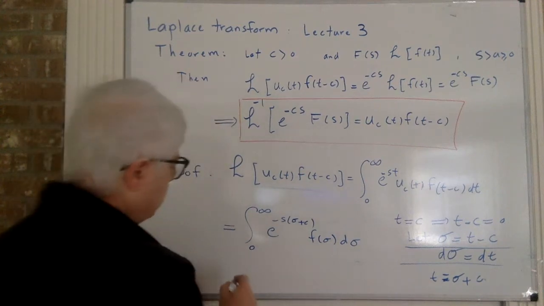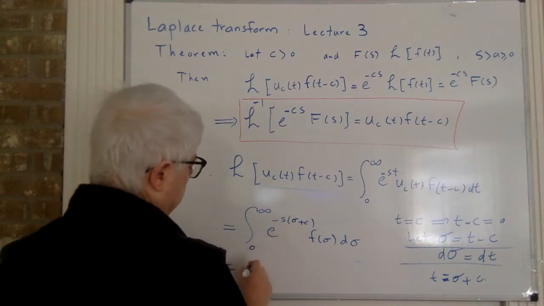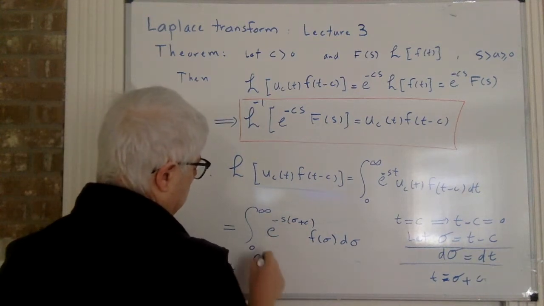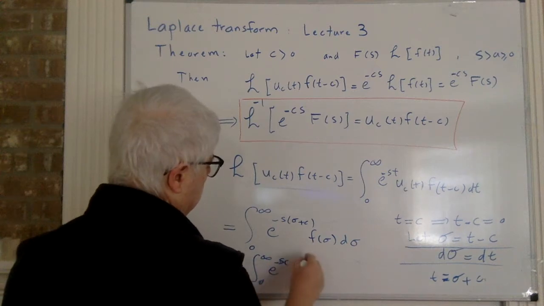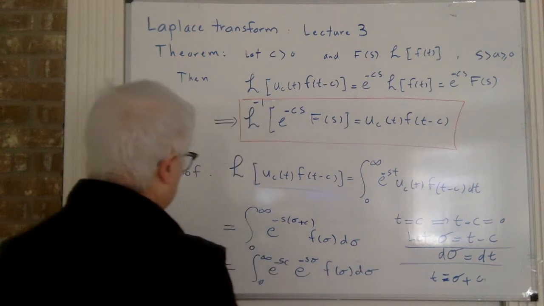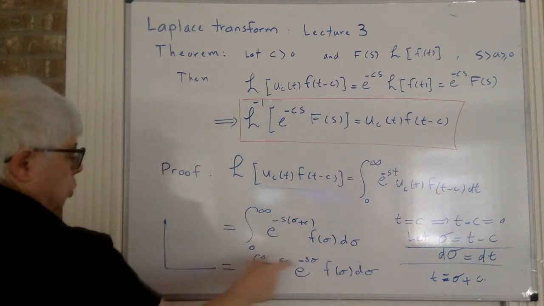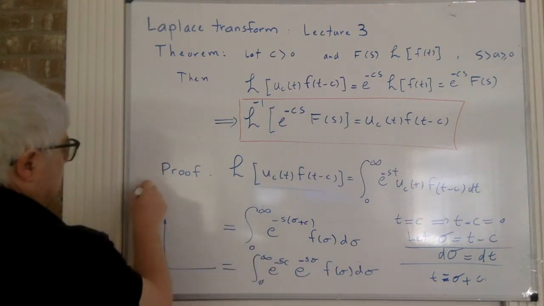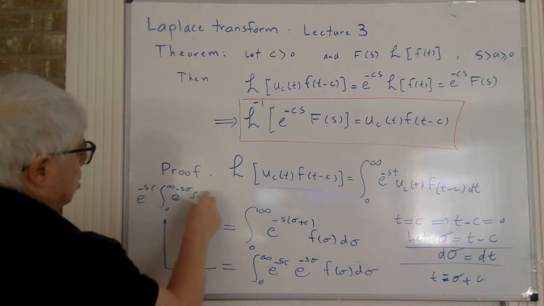So it is the integral from 0 to infinity of e to the power minus s c, e to the power minus s sigma, f(sigma) d sigma. This one has nothing to do with sigma, so it comes out: e to the power minus sc, then the integral from 0 to infinity of e to the power minus s sigma f(sigma) d sigma.